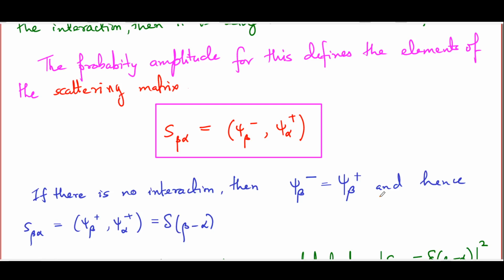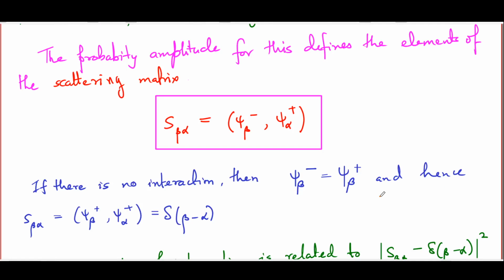So then the matrix element S beta alpha would be the inner product of two in states with possibly different particle contents. And we had already seen in the last lecture that the in states as well as the out states are orthonormal complete sets, and therefore in such a case S beta alpha would simply be psi beta plus inner product with psi alpha plus, which is delta of beta minus alpha. That's the orthonormality coming into play.